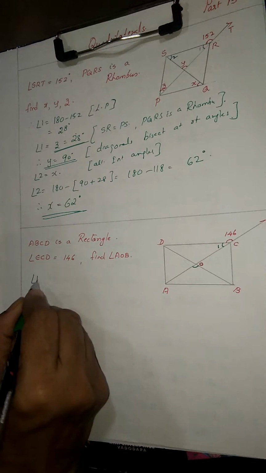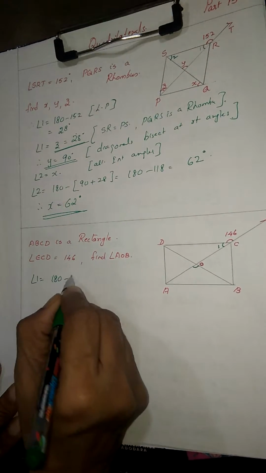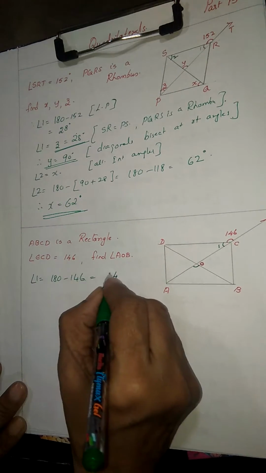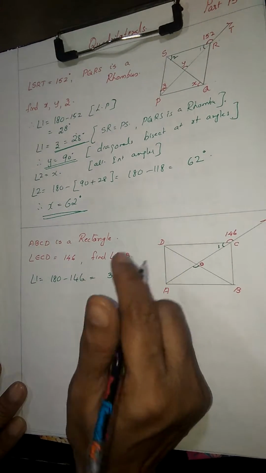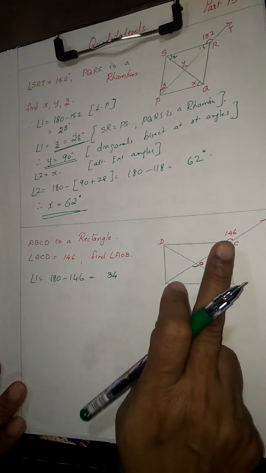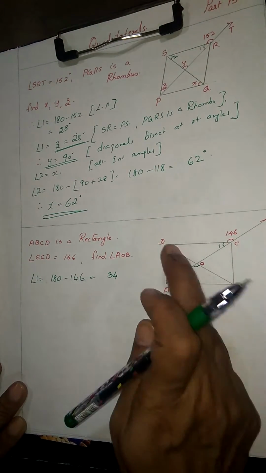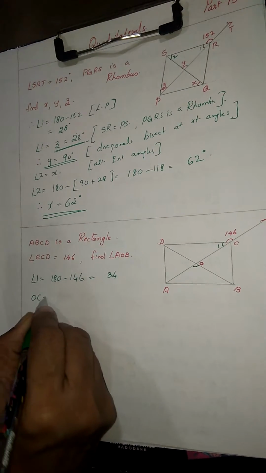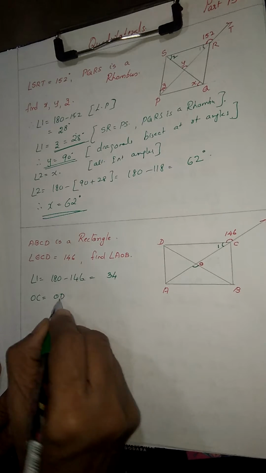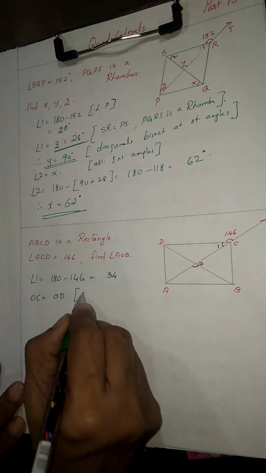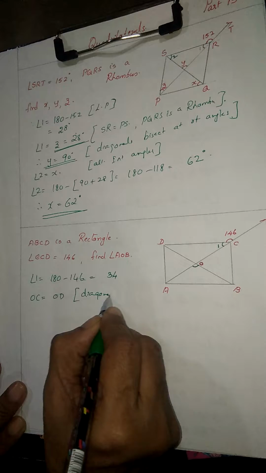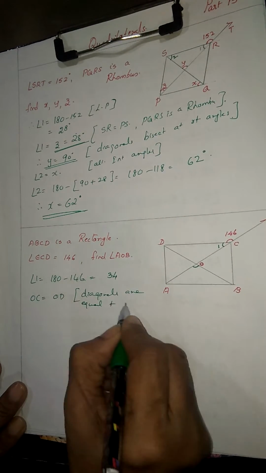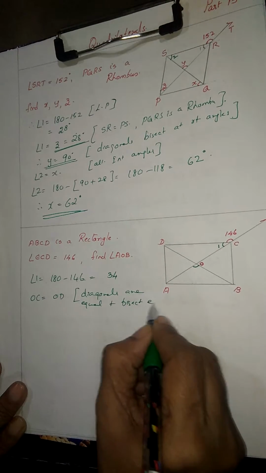Angle 1 is equal to 180 minus 146 because it's a linear pair, that is equal to 34. Now since the diagonals are equal and bisect each other, you can say OC is equal to OD. Reason: diagonals are equal and bisect each other.